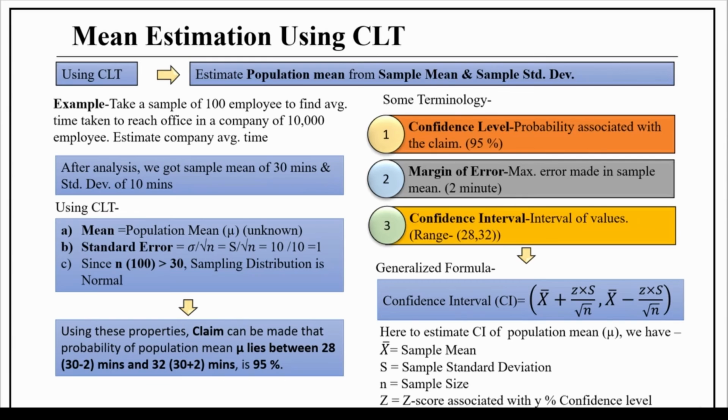And now putting the values of last question in the given formula, and the sample mean was 30 minutes, sample standard deviation was 1 minute. So after putting all these values, the confidence interval is coming out to be 28 to 32 minutes, or we can say 30 plus minus 2 minutes, where 2 is margin of error.